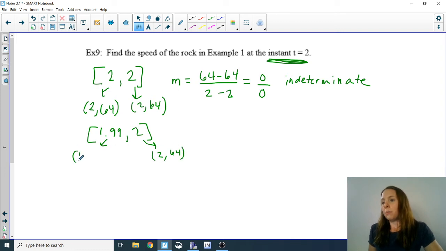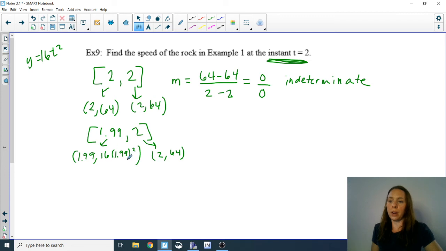This ordered pair, I'm just going to write as 1.99 comma some y-coordinate, which I would find from the equation y equals 16t squared. So I'm just going to write it like that, 16 times the quantity 1.99 squared. Instead of rounding in there, let's just write it like that. And I should be able to find the slope between those two points and not get an indeterminate form. Hopefully, right?